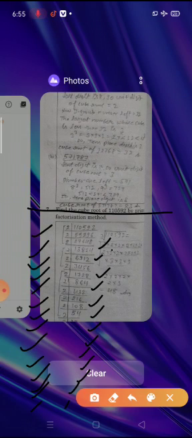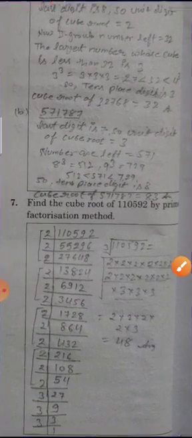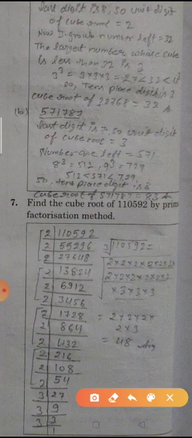So pairing the same 3 times of the number, 1, 2, 3, 4, 5. So the cube root is 48.